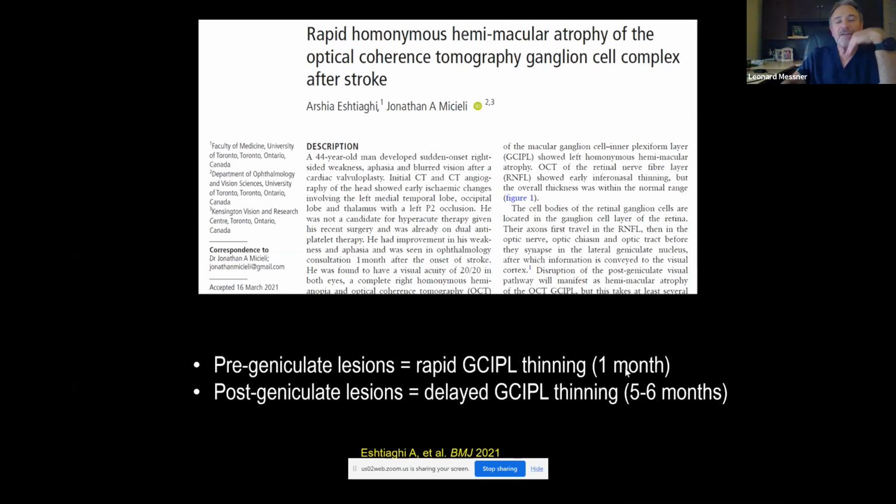If it's behind that, if it's involving, say, temporal lobe, parietal lobe, or a combination, it's going to develop, but it's going to be a little longer, usually 5 to 6 months. So in other words, the closer it is to the eye, the quicker you get that hemifield thinning.